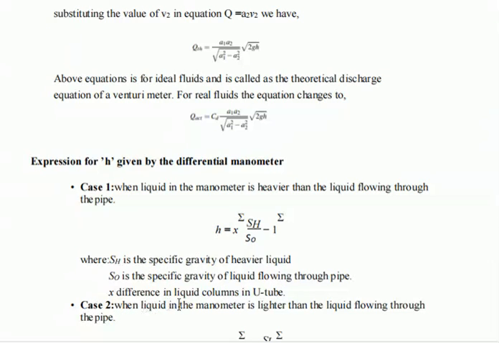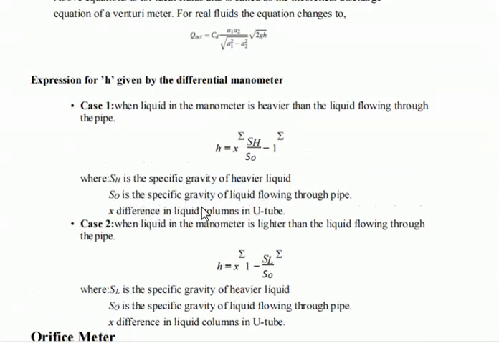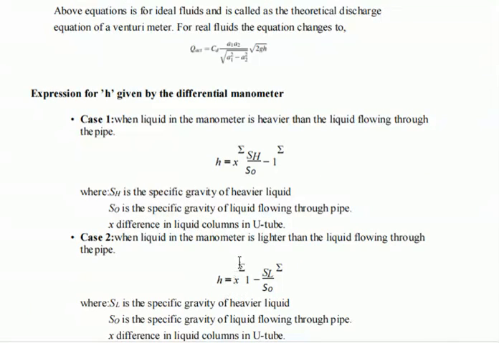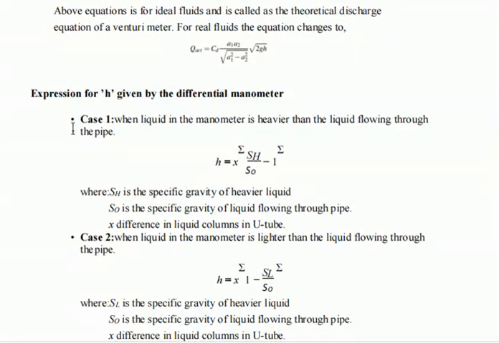Case number 2 is when the liquid in the manometer is lighter than the liquid flowing through the pipe, the reverse of case one. In that case, H is equal to X times the quantity 1 minus SL by S naught, where SL is the specific gravity of the lighter liquid, S naught is the specific gravity of the liquid flowing through the pipe, and X is the difference in the liquid columns in the U-tube. So this is the expression for H for the differential manometer.